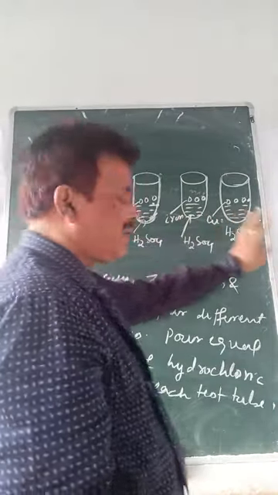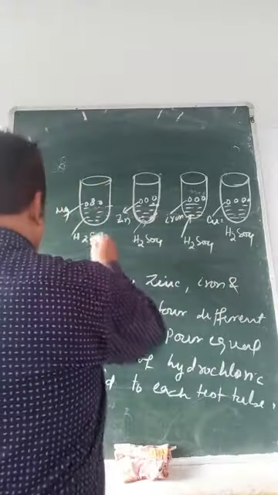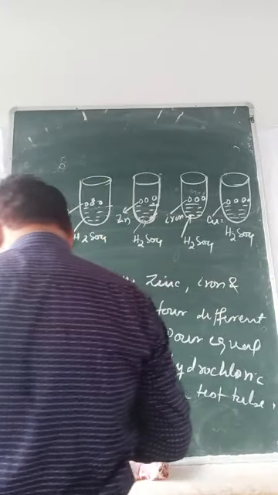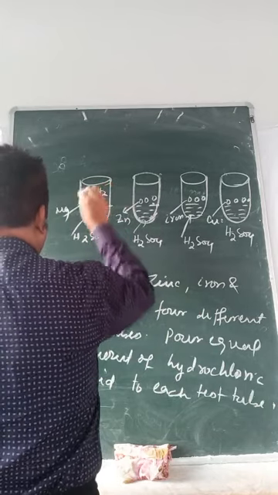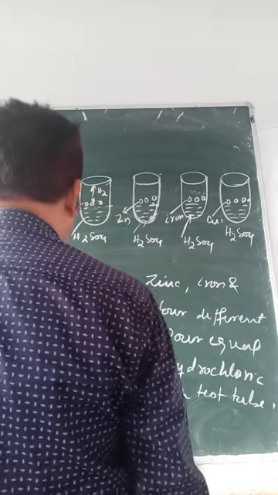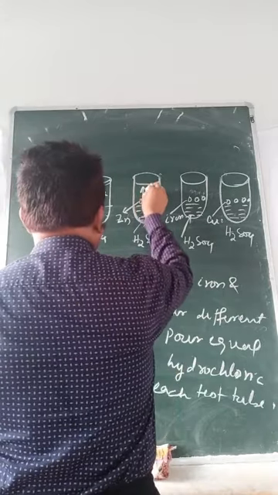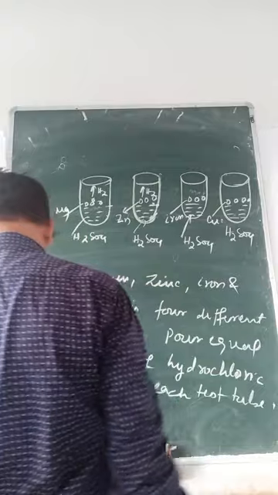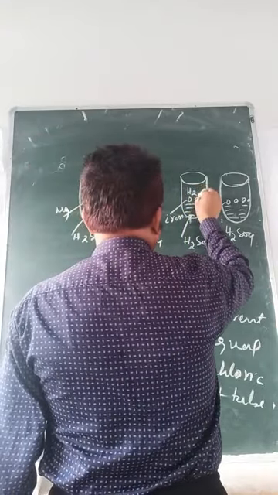Some granules you have put here of equal amount. So what you see here is where the gas is evolved, H2, zinc also H2, gas is evolved, iron also H2, gas is evolved.